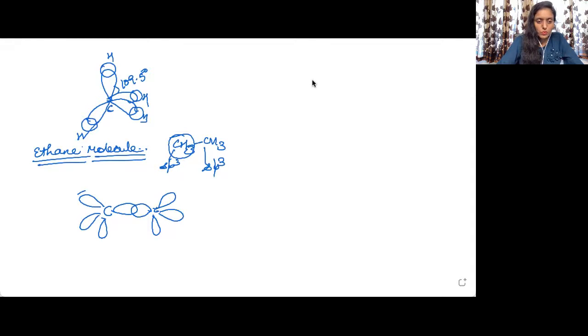So we can just remove these lines. Now this is one hydrogen, hydrogen, hydrogen, hydrogen, hydrogen, and hydrogen. 6 carbon-hydrogen bonds are there and 1 carbon-carbon bond is there.